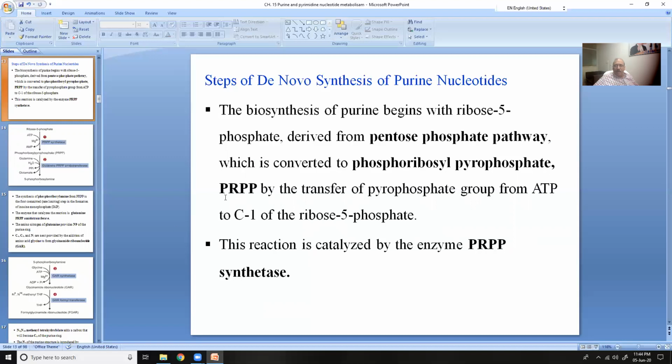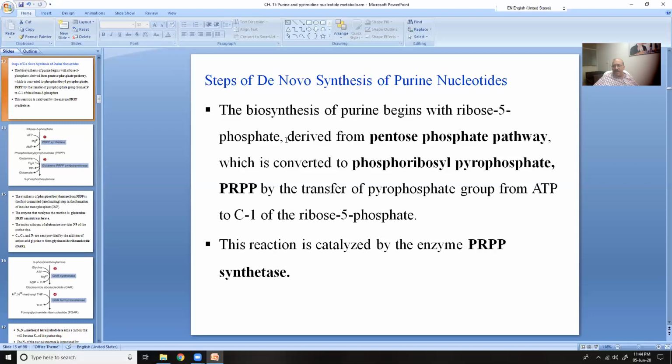PRPP, phosphoribosyl pyrophosphate, by the transfer of a pyrophosphate group from ATP to C1 of the ribose 5-phosphate. I will explain again. The biosynthesis of purine begins with ribose phosphate. What is the source of ribose phosphate?